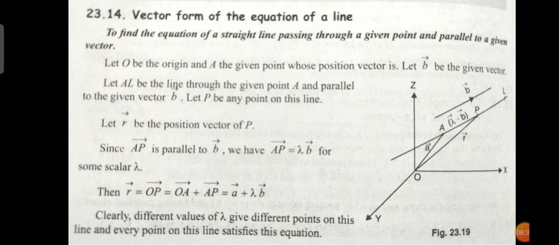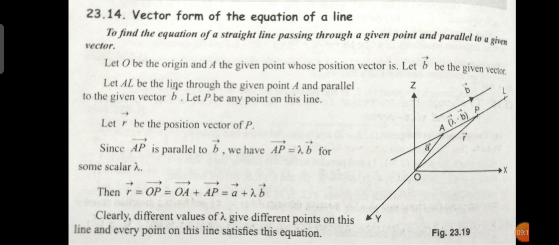We want to find the equation of a straight line passing through a point and parallel to a given vector. Origin is given, and let A be the point whose position vector is a, and b is a given vector. AL is the line through the point A and parallel to the given vector b, and let P be any point on this line.